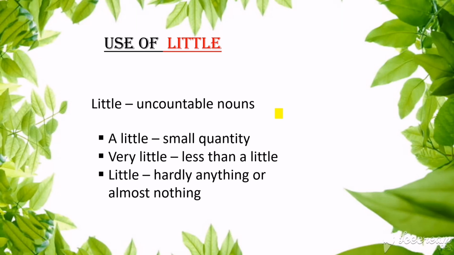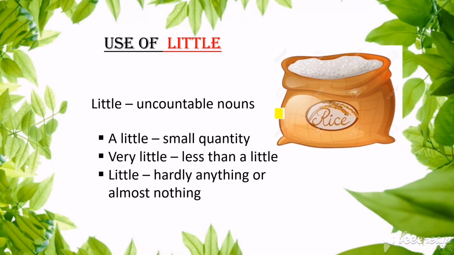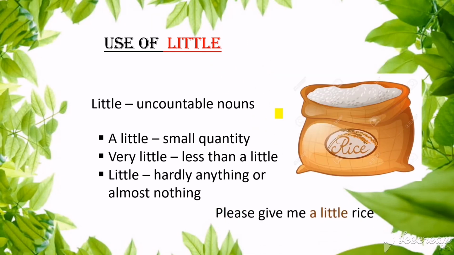Similar to few, little is also used in three ways: a little, very little, and little. A little means small quantity. Very little means less than that small quantity, and little means again it is hardly anything or almost nothing.